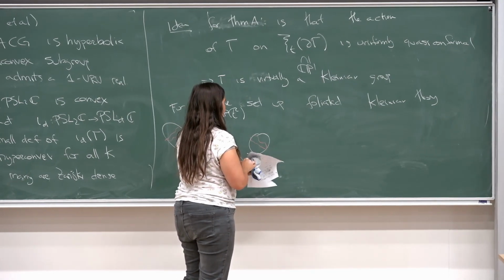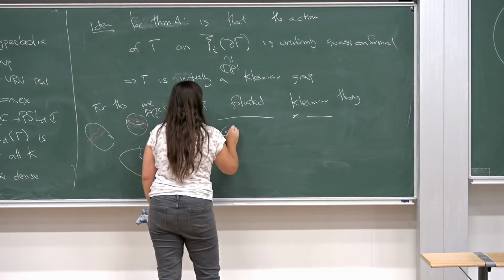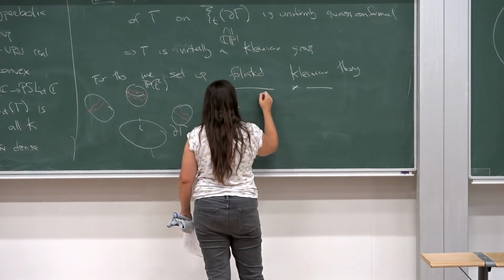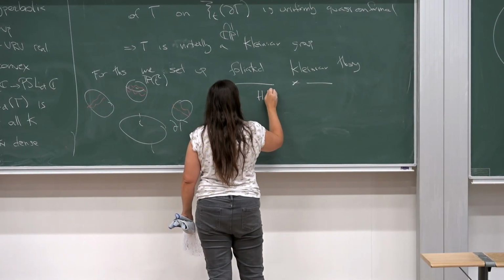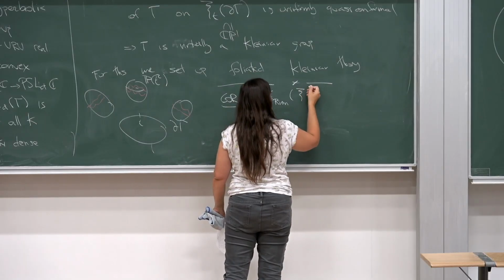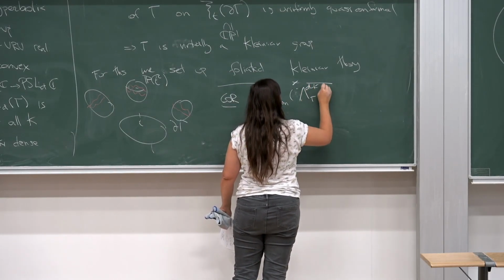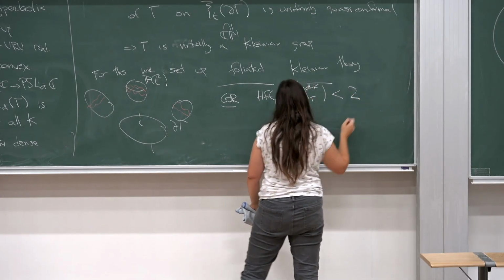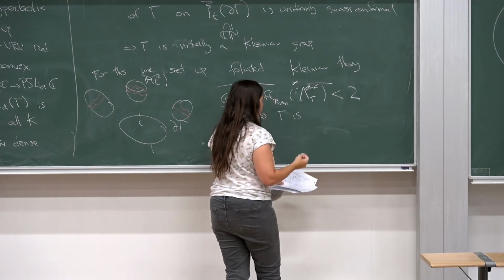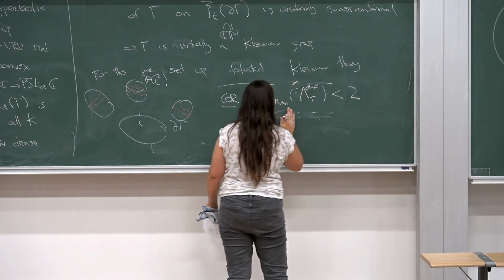But maybe let me say a corollary of this result: in our assumption, the Hausdorff dimension with respect to the Riemannian metric of psi of lambda d minus k of gamma is strictly smaller than 2 unless gamma is pi 1 of a compact free manifold, unless the boundary of gamma is a sphere.